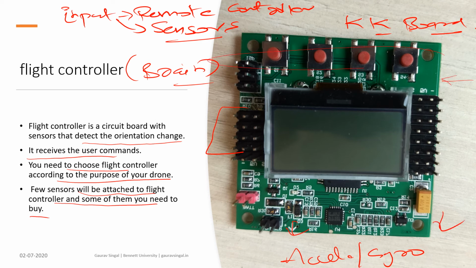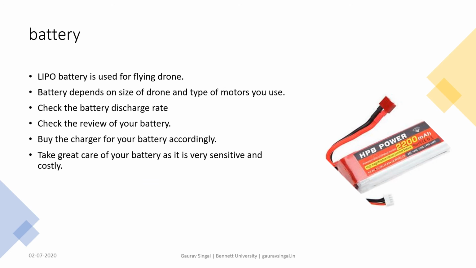It has four buttons for different purposes. From this side it will take input and this side will send the output to the motors. So mainly the flight controller is used for taking the input and giving the output to the motors.